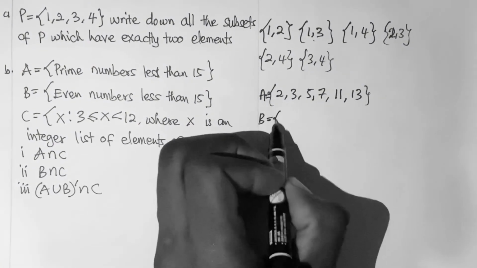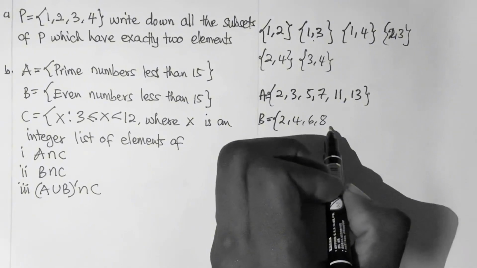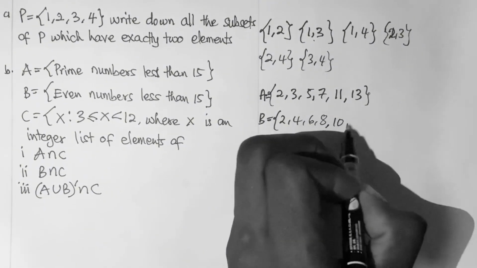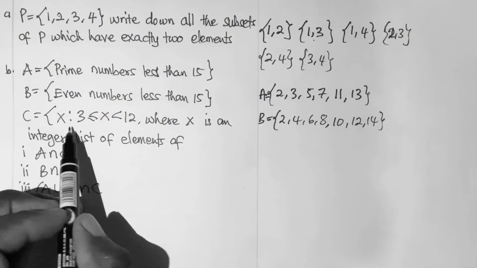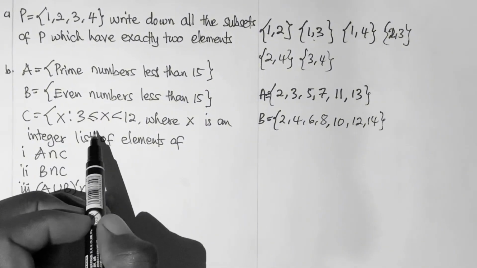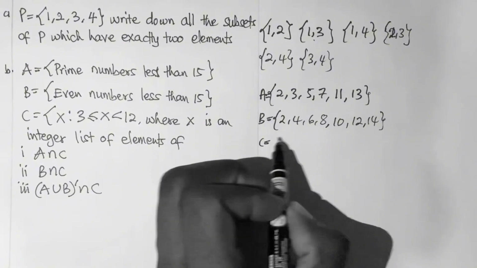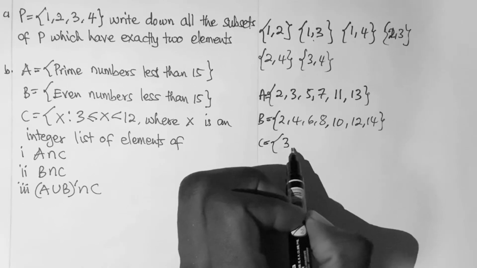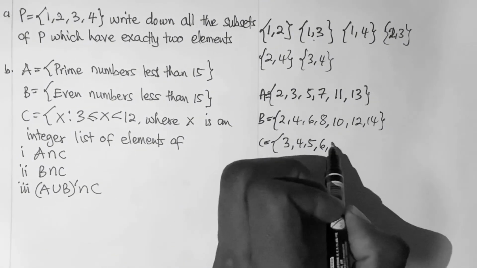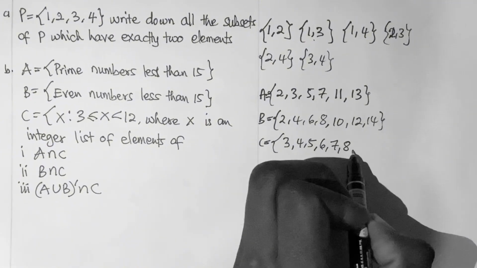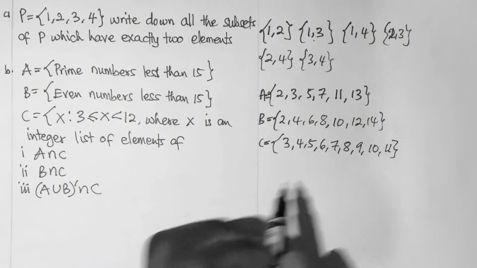So B is 2, 4, 6, 8, 10, 12, and then 14. Then C is x such that x is greater than or equal to 3 but less than 12. So the set C starts from 3, 4, 5, 6, 7, 8, 9, 10, 11. Now it's less than 12, so we have to end at 11.